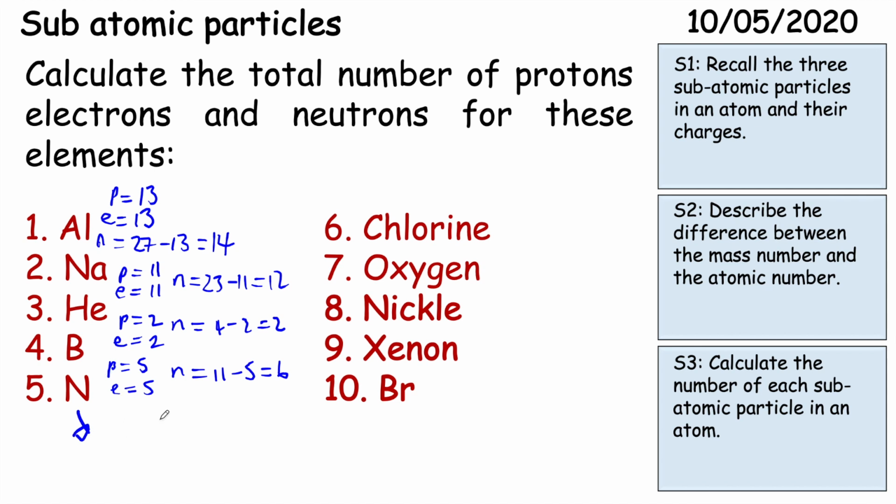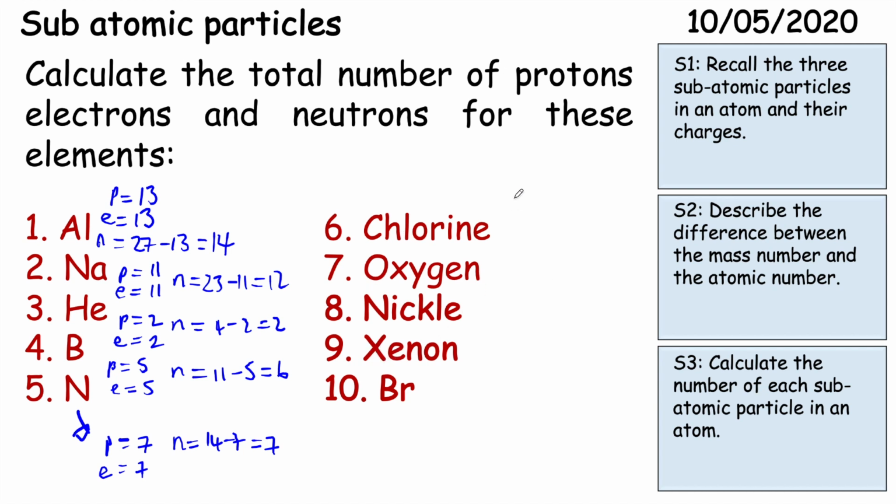Nitrogen, nitrogen's protons are 7, electrons are 7, and its neutrons are 14 minus 7, which is also 7 as well. Next ones, you have to actually find the symbol on the periodic table. We changed them ever so slightly.